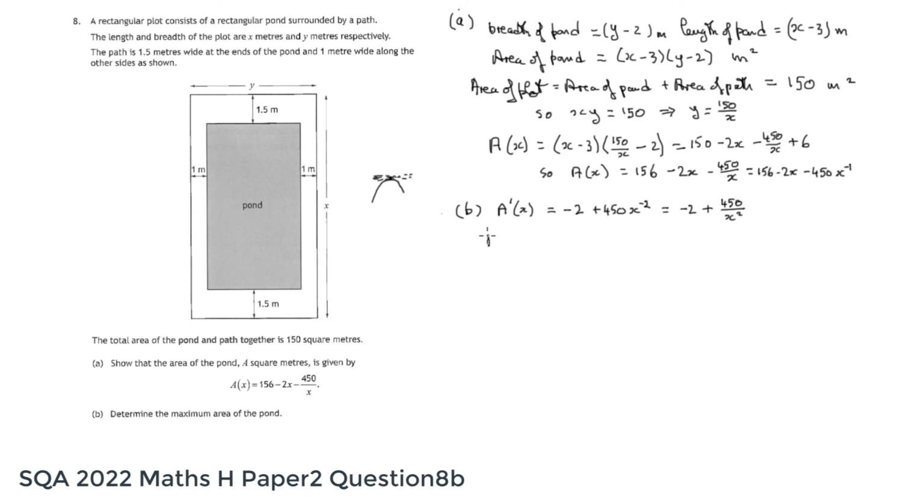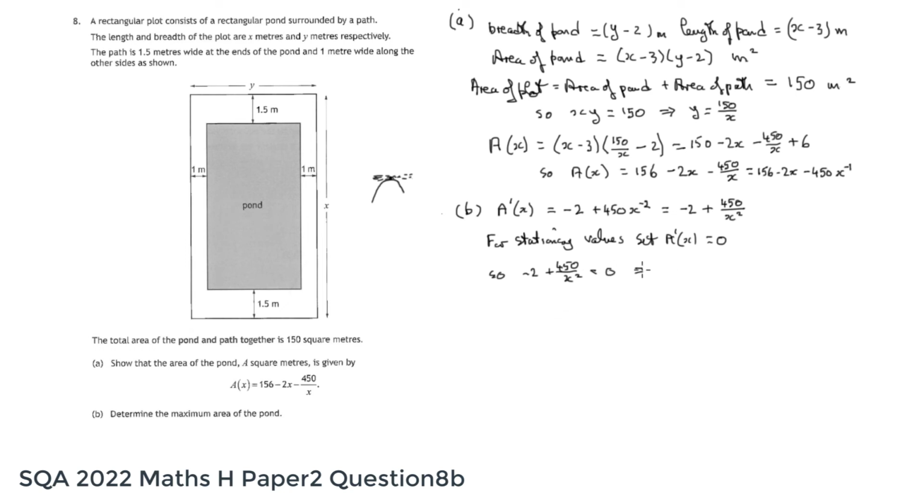So for stationary points, or stationary values, we'll set the gradient on the graph, A dash of x, to be equal to 0. So we're solving negative 2 plus 450 over x squared equals 0.